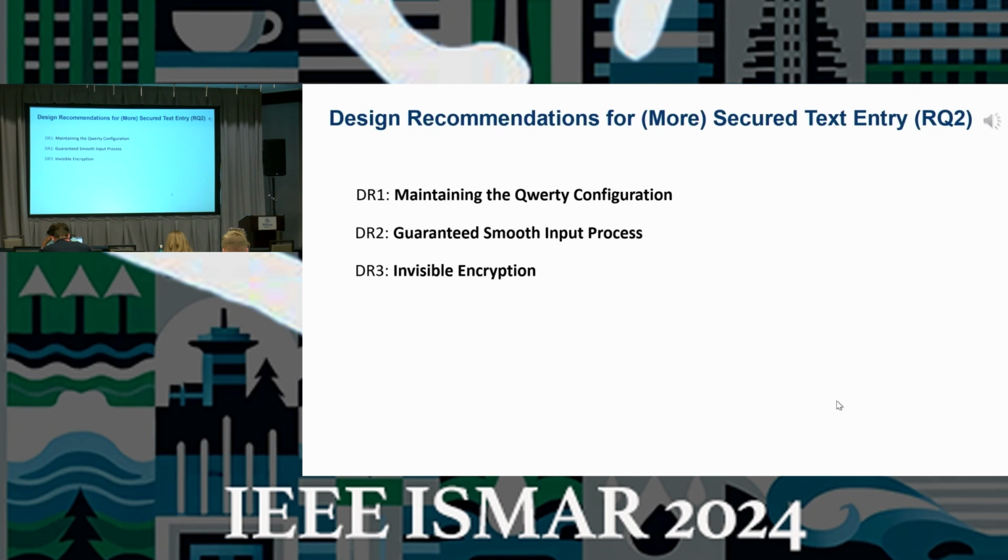Our user study showed that introducing variability in the virtual rings at random intervals leads to significant improvements in both accuracy and user satisfaction. Last, security methods should be invisible to users, offering protection without disrupting the typing experience, which ultimately enhances overall satisfaction.